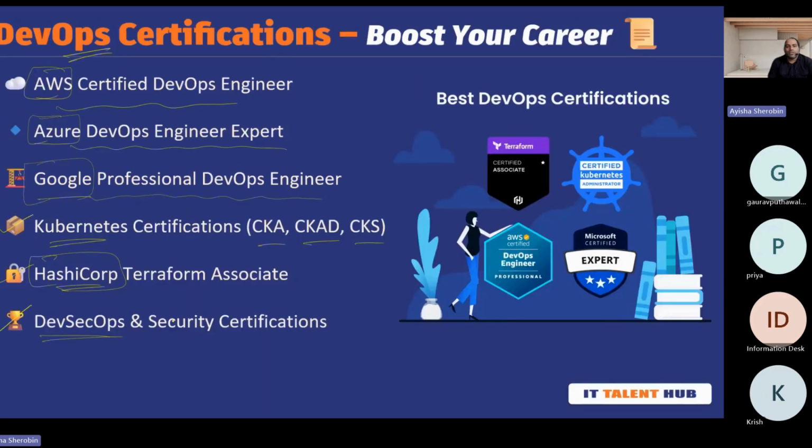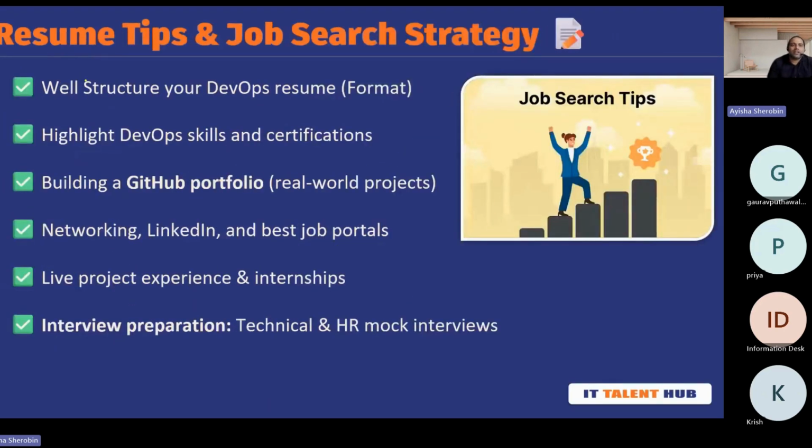Other than that, these are the resume tips and job search tips. Whenever you attend any interview, first of all, we have to properly format our resume. Most of them are not properly formatting their resumes. They will use different text, different fonts and all, and that will definitely distract the person who is shortlisting your resume.